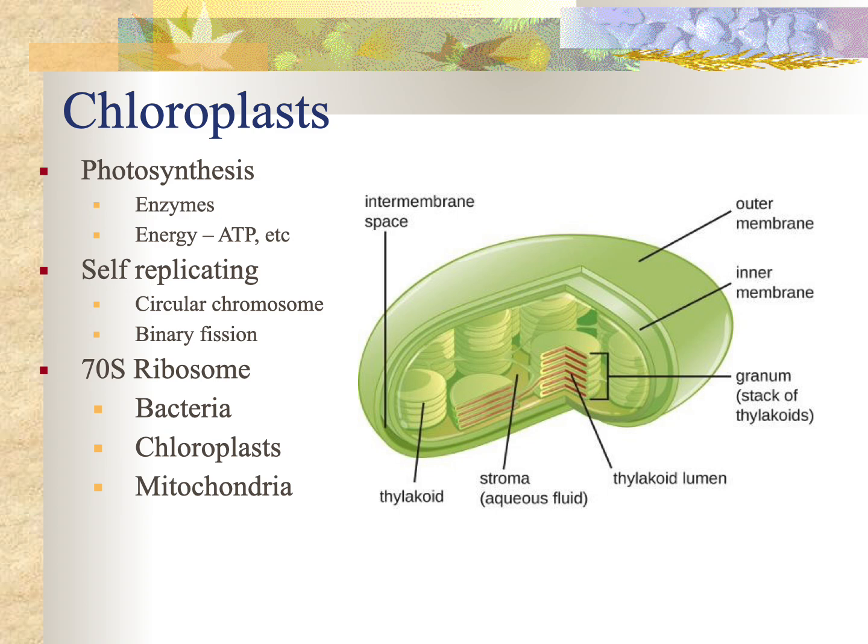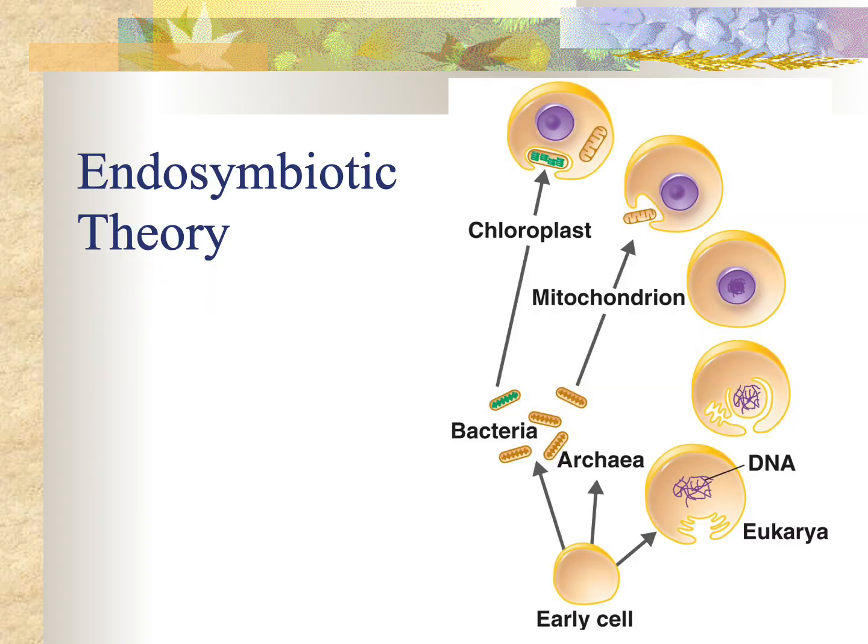Chloroplasts also have their own chromosome, and they also have 70S ribosomes, and they also reproduce by binary fission, just like bacteria.